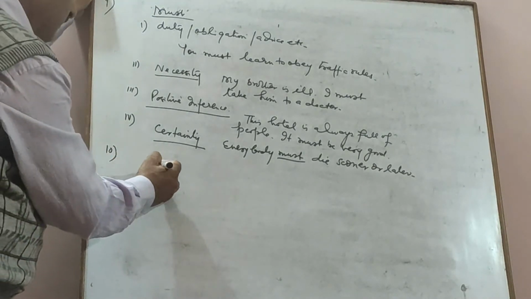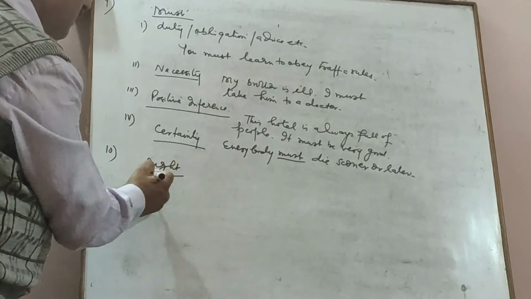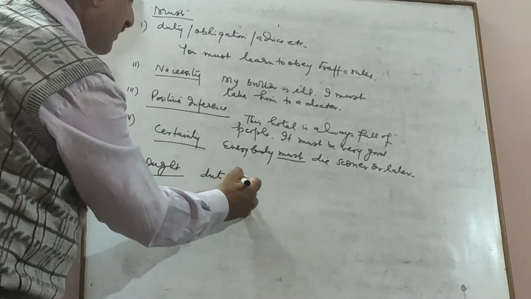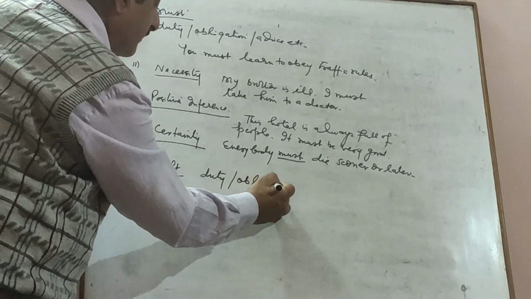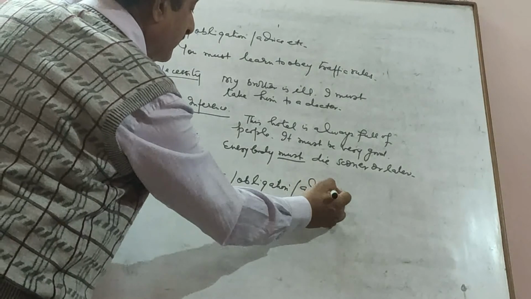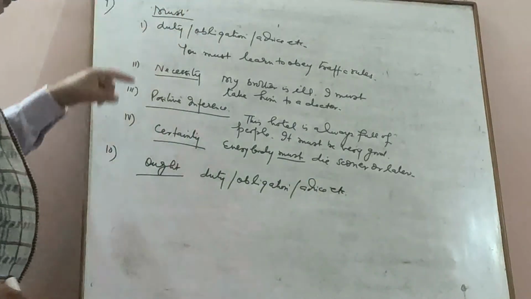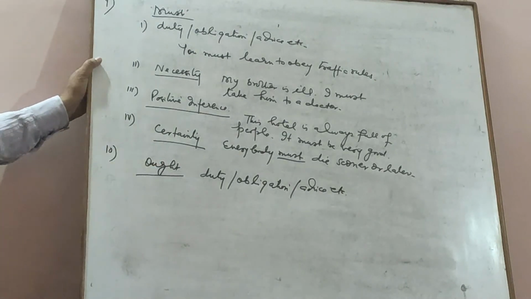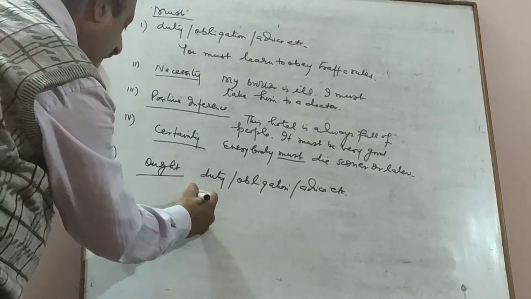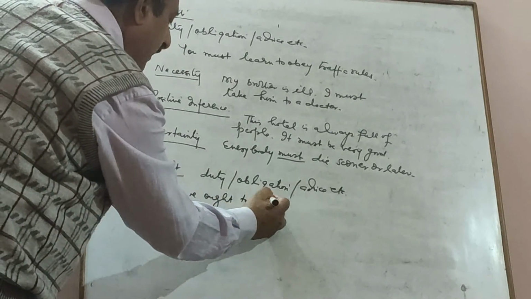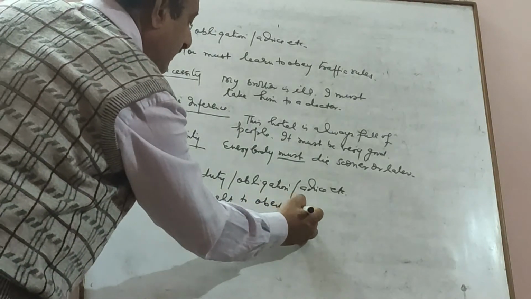Then we have ought. Ought is also used to show duty, obligation, advice, etc. Please note that the modal is ought, not ought to. Ought is always followed by the to infinitive. We ought to obey our teachers.